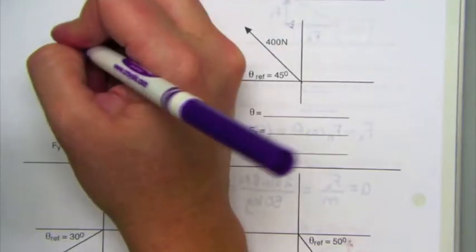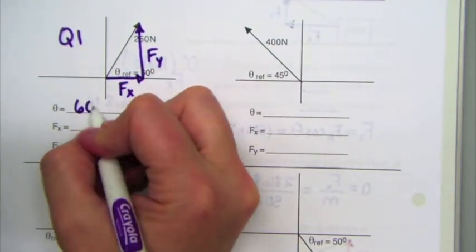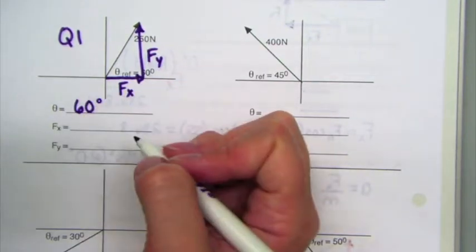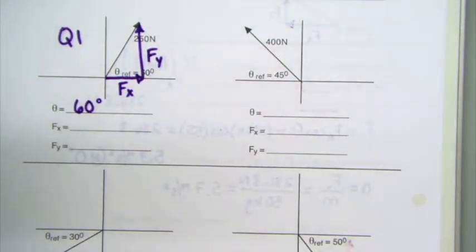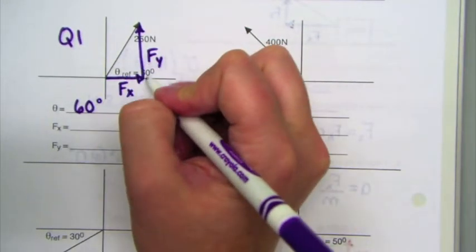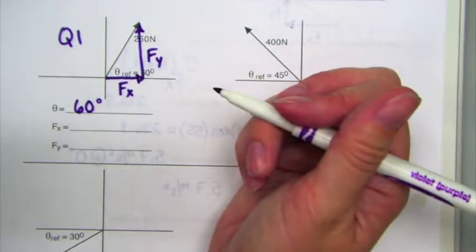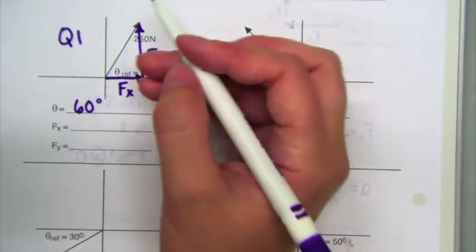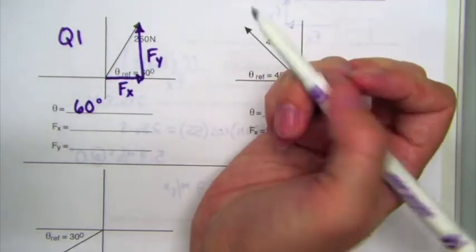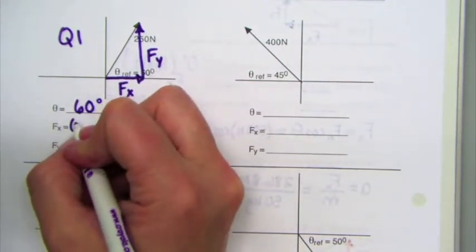Okay, this we know is in quadrant 1. So that means my angle, my theta, or theta r for those of you who are in my class, is 60 because the angle is the same. The 360-degree angle from 0 is going to be the same as whatever your reference angle is. Okay, that's what happens in quadrant 1. If you look at the top of your page, it gives you the equations for Fx and Fy. That's what I expect you to use.